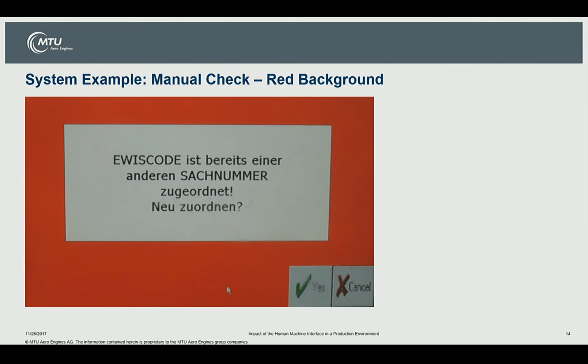In case the system has found a deviation or a conflict, it does not show the blue background, it shows the red background, which signals to the user that there is a conflict. Again, he or she has two choices.